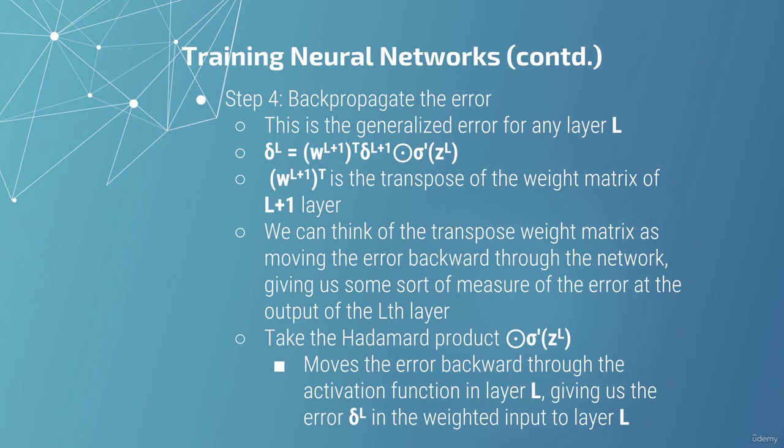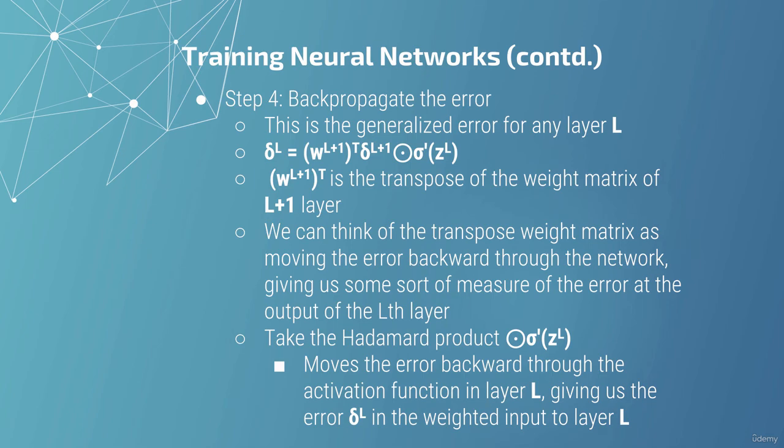Then we take the Hadamard product of the derivative of the sigmoid function at that input z to the L. This simply moves the error backward to the activation function in layer L, giving us this error delta to the L in the weighted input to layer L. This Greek letter here is simply delta.